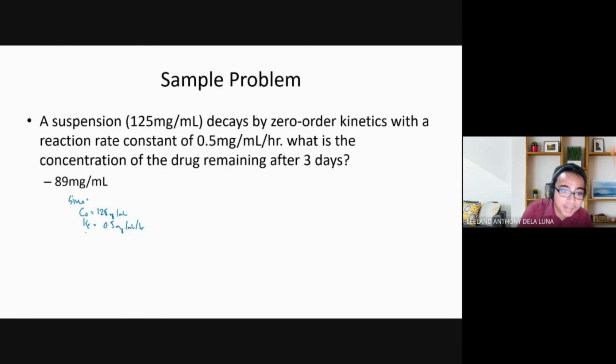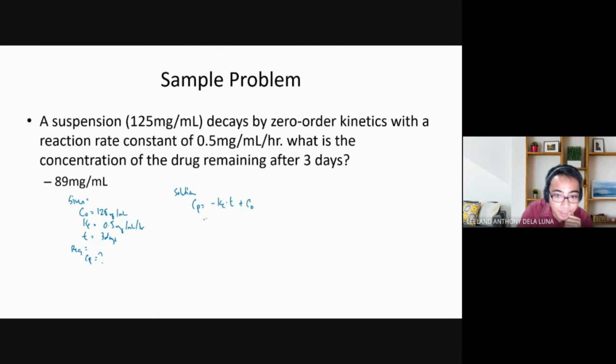Now, class, our time here, what will be the concentration after 3 days? So, what we are required to compute here would be Cp. It is unknown. Right? We don't know our plasma concentration. So, how do we solve for this? We'll simply use the formula of zero-order kinetics. So, Cp equals negative Ke multiplied by T plus C sub 0.